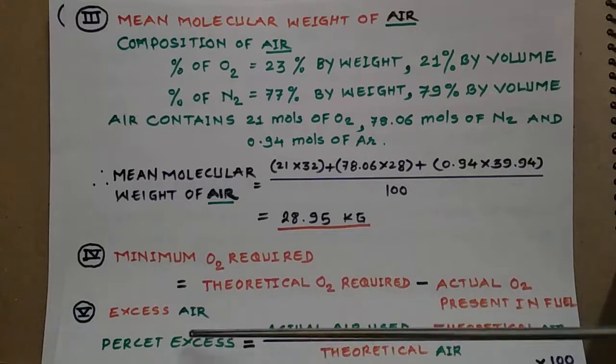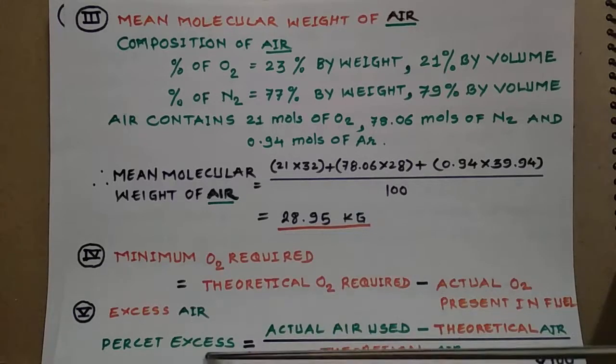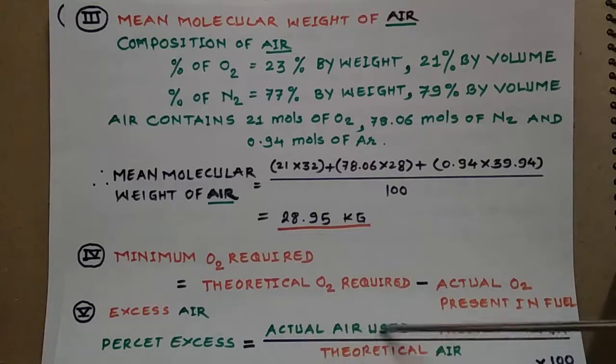We can calculate percent excess equal to actual air used for the burning minus theoretical air, divided by theoretical air, into 100. By using this formula, we can also calculate the actual air used.